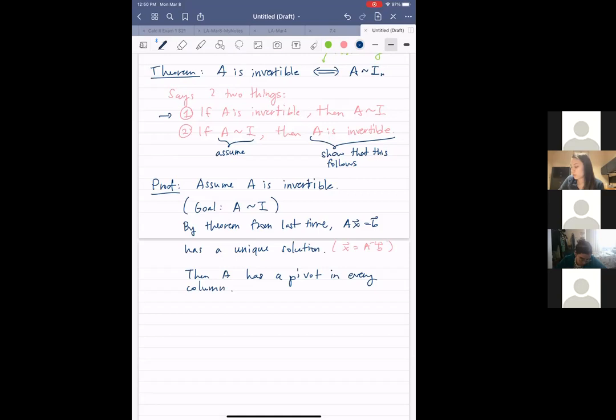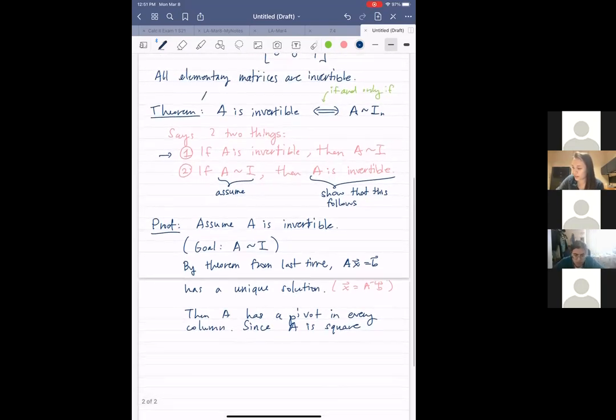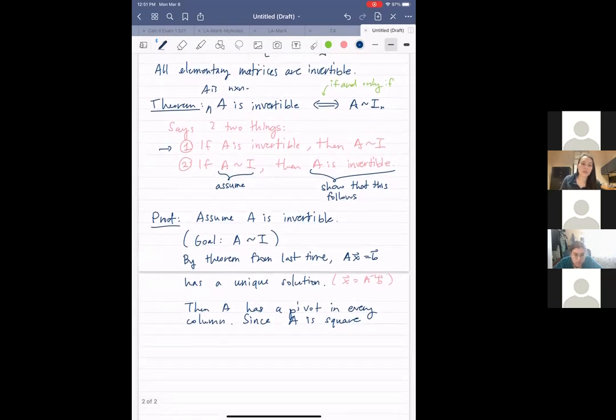Okay, so since A is square, I guess that should be somewhere up here, A is n by n. Sorry, that should be in there. Okay, since A is square, what this means is that A also has a pivot in every row, because there are the same number of rows as columns, right?